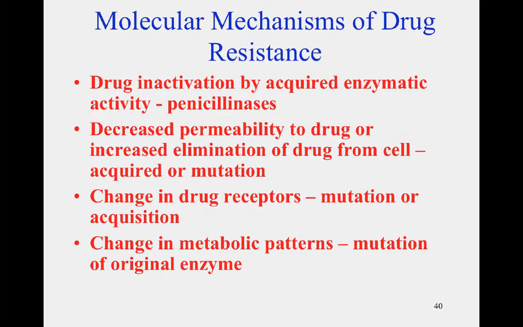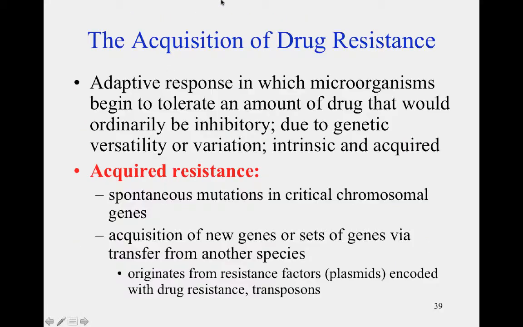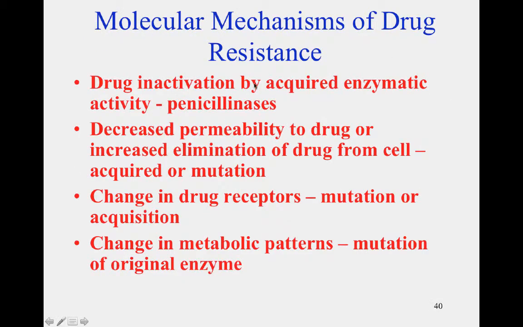And as far as the molecular mechanisms, once the bacteria actually acquire the antibiotic resistance gene, what is the mechanism by which that gene product is actually resulting in antibiotic resistance? The gene that the bacteria acquire could code for an enzyme. I'll call this the ballistic missile defense. Basically those genes could code for enzymes that will shoot a missile at the antibiotic and chew it up, like penicillinase.